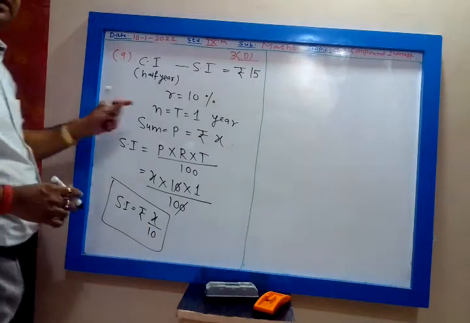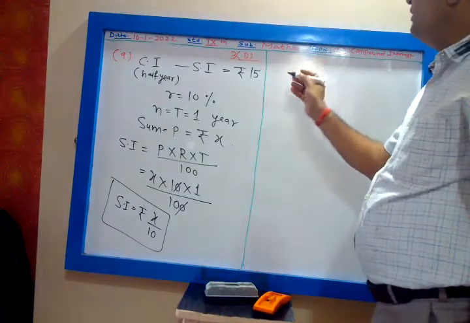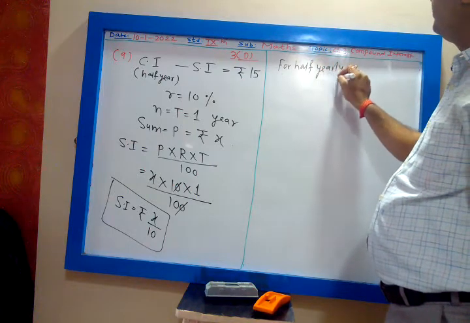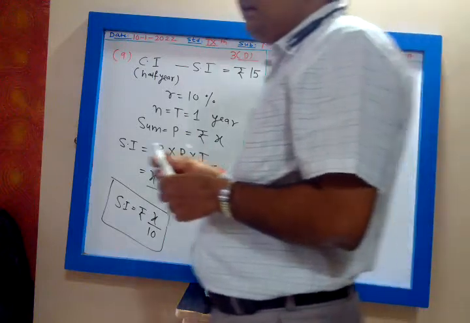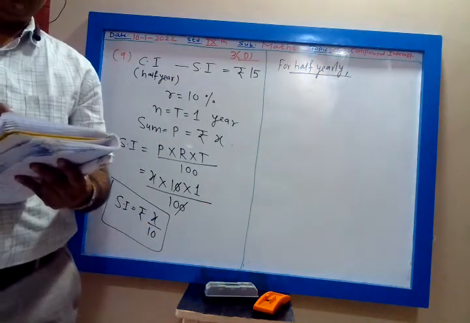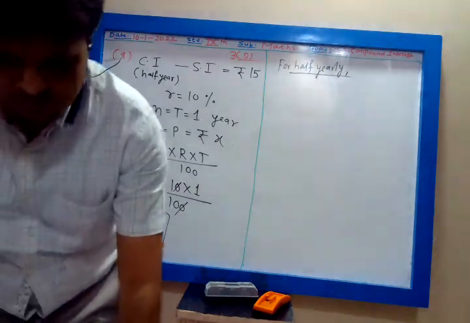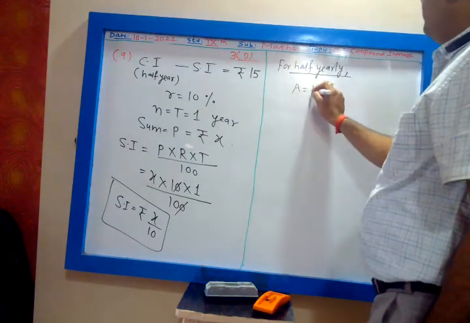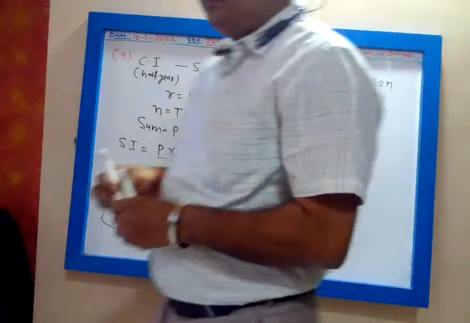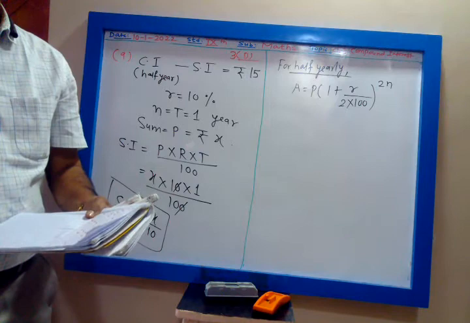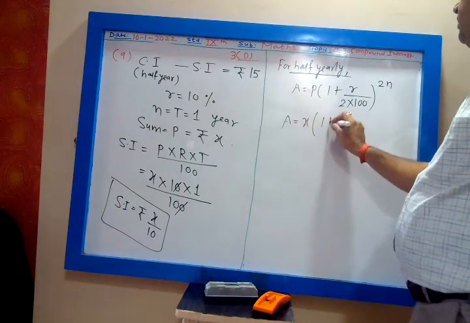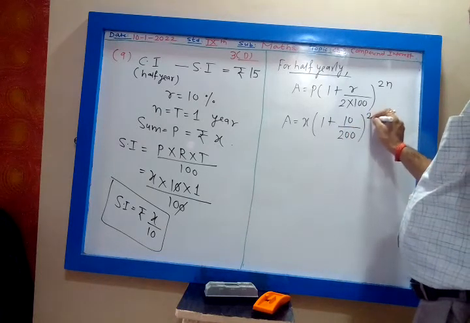Now find compound interest for 1 year on a half yearly basis. First we find A. The formula is A is equal to P into 1 plus R upon 2 into 100, raised to 2n, because it is half yearly, and n is 1.